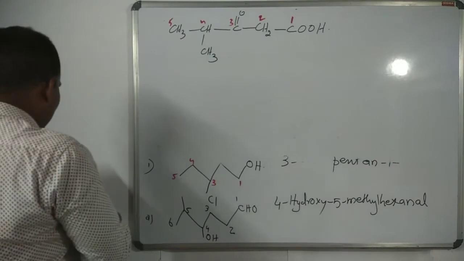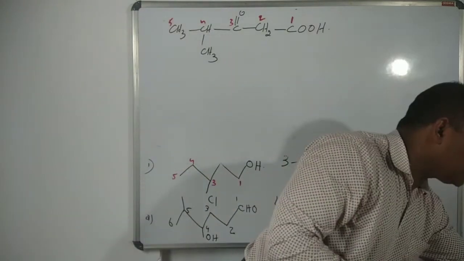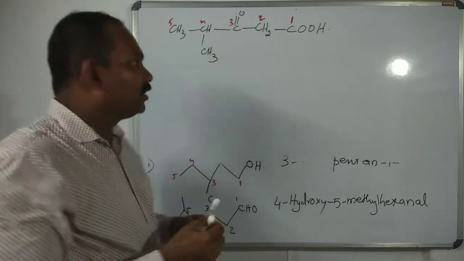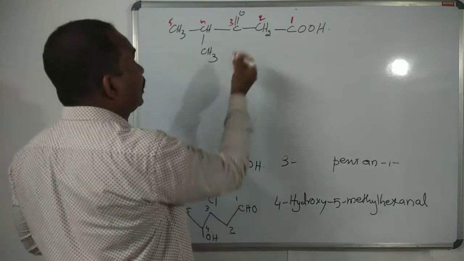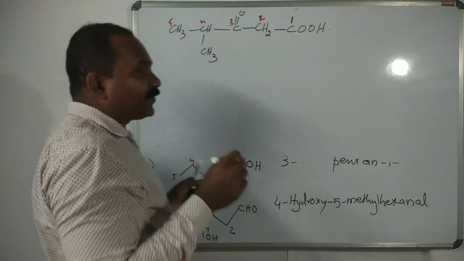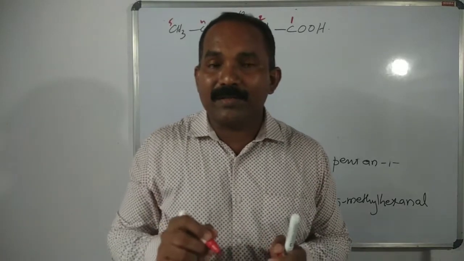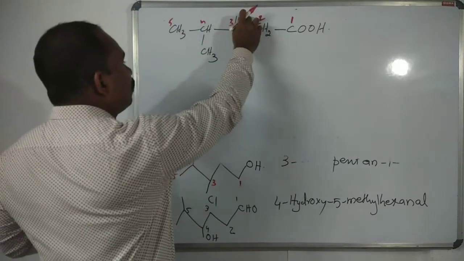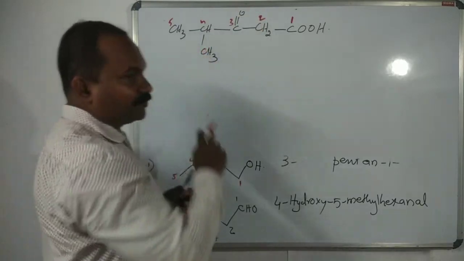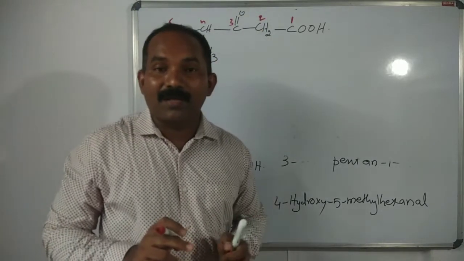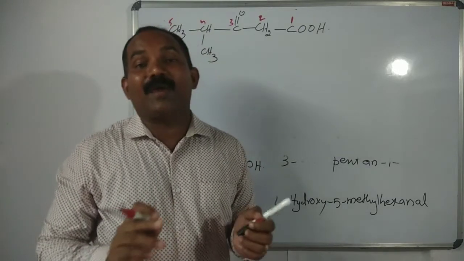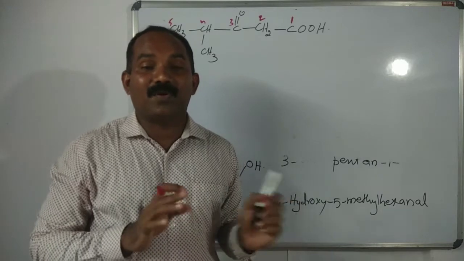Here the keto group is a substituent, and substituents are prefixed. If the keto group is a substituent, the name is oxo. So oxo is O, methyl is M. In alphabetical order, M comes before O.